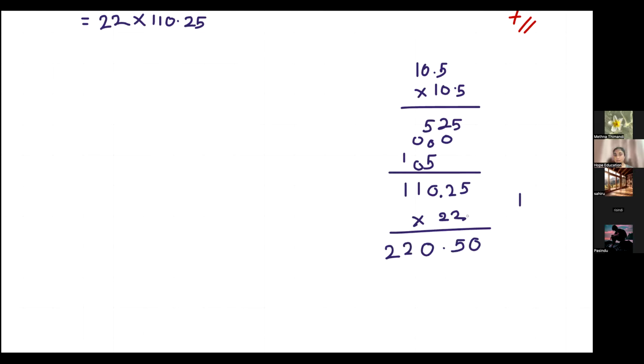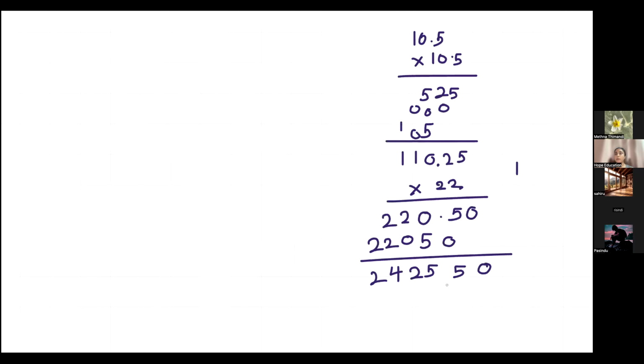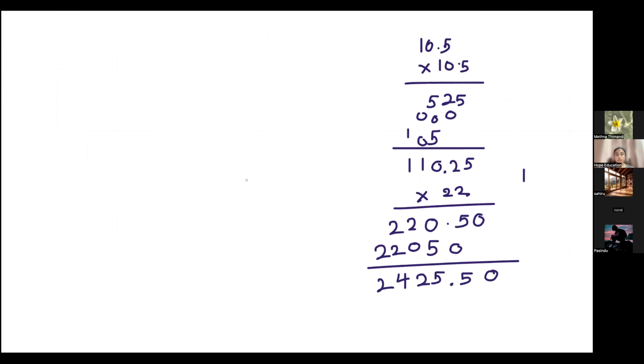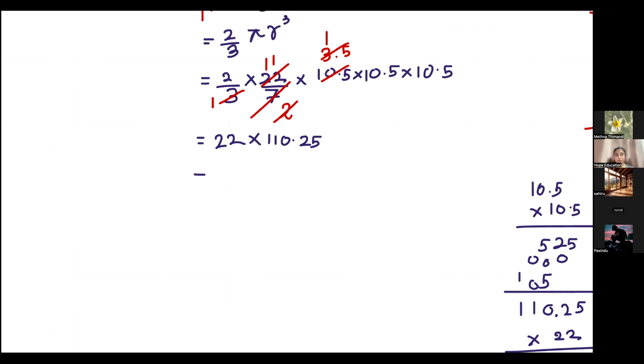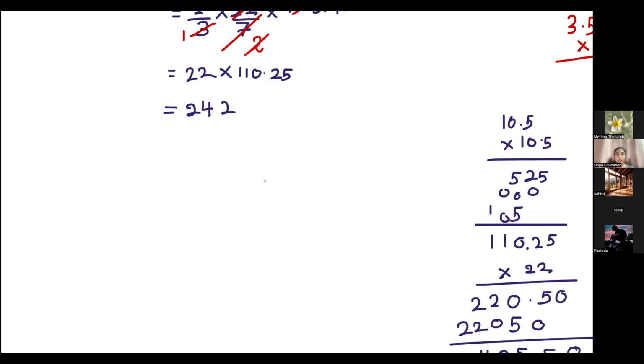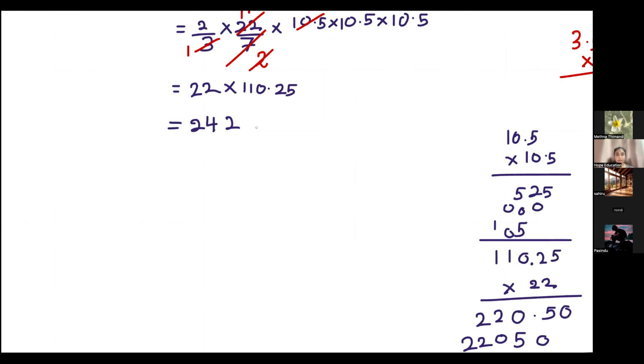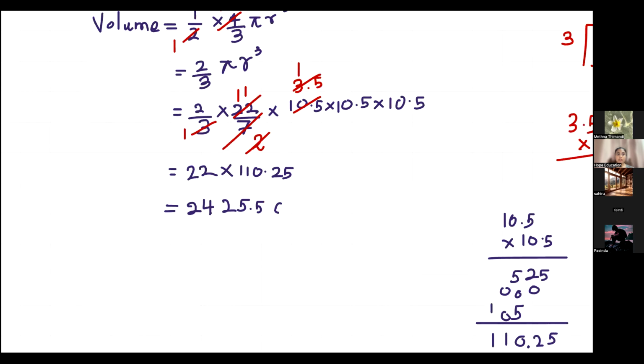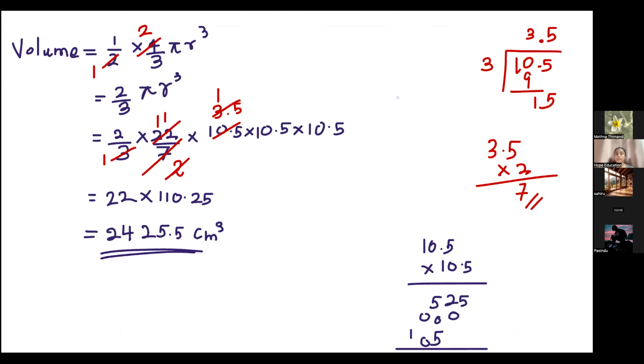Again, when you multiply it you get the same thing. 5, 5, 2. 2 plus 2 is 4, 2. So we get 2,425.5 cubic centimeters.